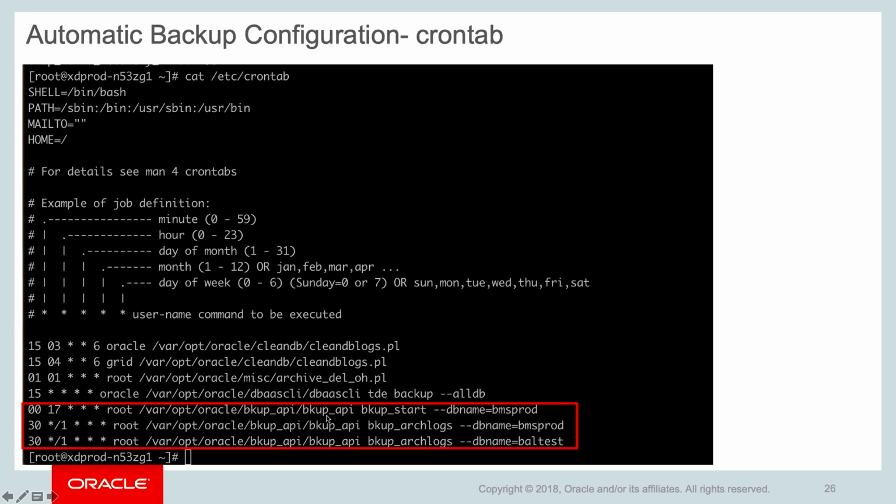I have the backup API backup start for my database, and that backup is getting done at 5 o'clock. This is what I set during the initial backup configuration, so there is a corresponding entry. For archive logs, by default it is every 30 minutes, it is going to back up the archive logs on the same disk as well as to cloud backup.